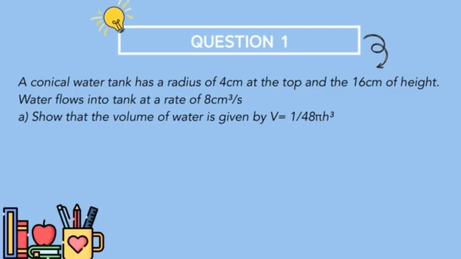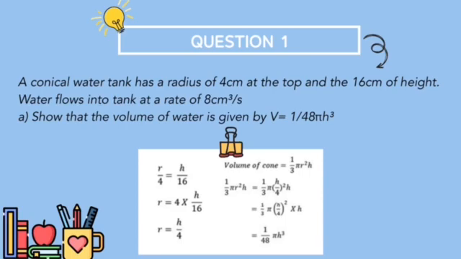This is the illustration of the question: 60 cm of height and 4 cm at the top, but the height and the radius of the water are unknown, so we have to figure them out. The first step is to let r over 4 equal h over 16. Rearranging to make r the subject, r equals h over 4. As we know, the volume of a cone is 1 over 3 pi r squared h.